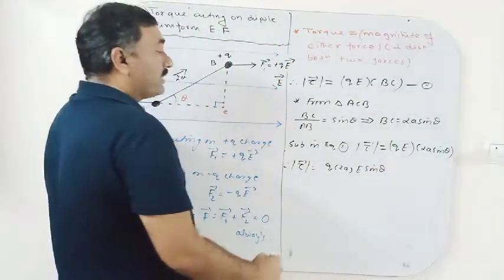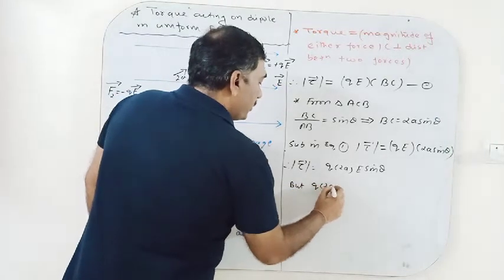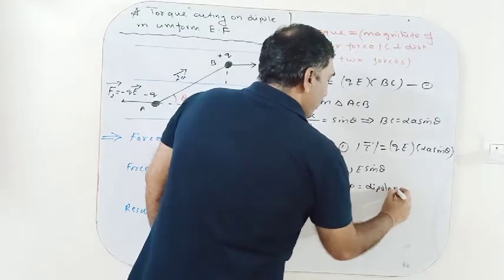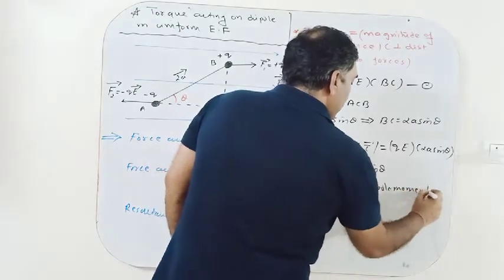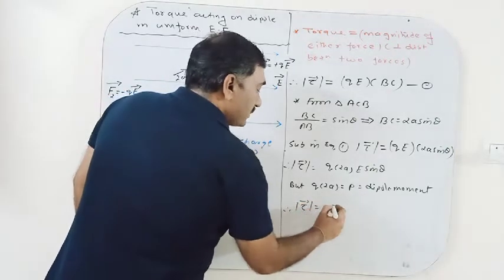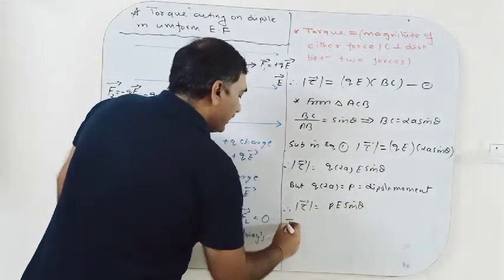But we know that Q into 2a is P, the electric dipole moment. Therefore, the magnitude of the torque becomes PE sin theta.